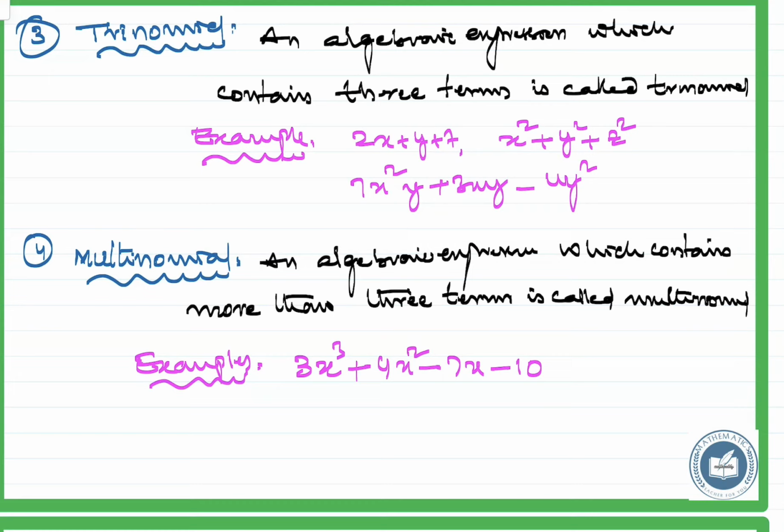Another one you can write: x square y plus xy square plus xy plus 7x plus 3y minus 9. So this is also a multinomial. It contains more than 3 terms. So such expressions are called multinomials.